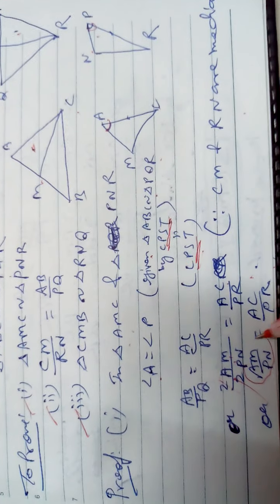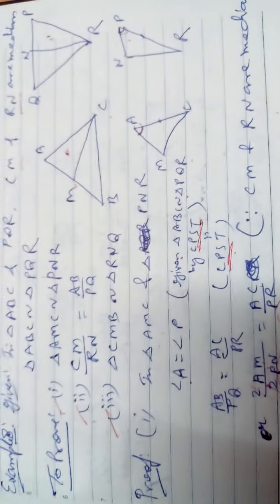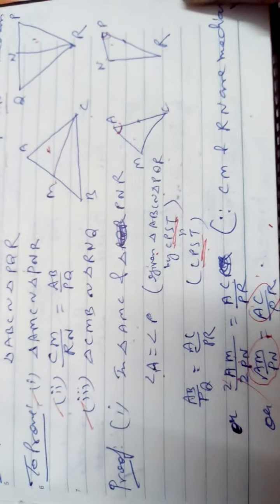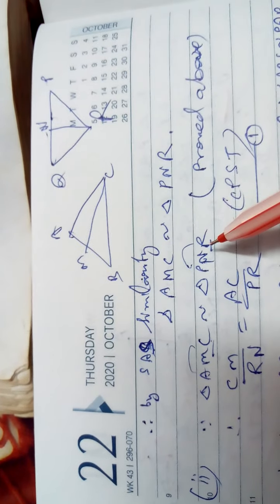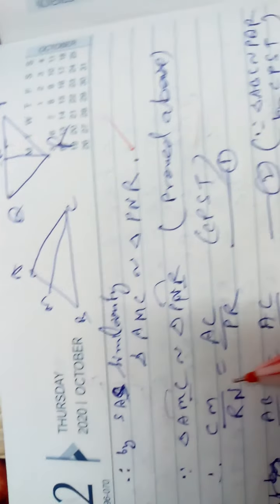What are you getting? The ratio of the sides making these two angles. It means by SAS similarity, triangle AMC is similar to PNR. First proof is over.